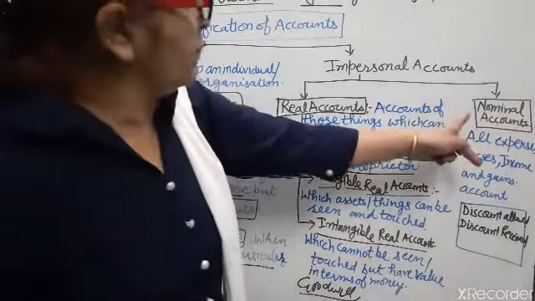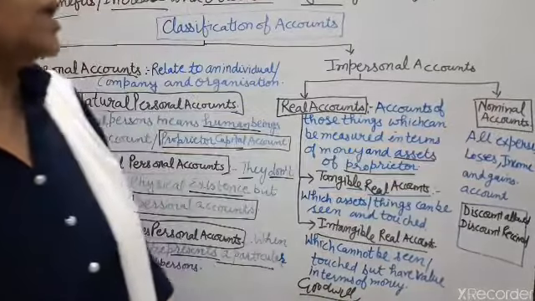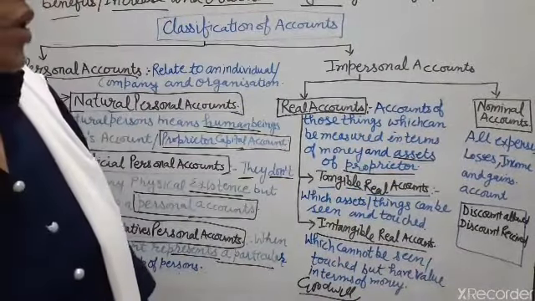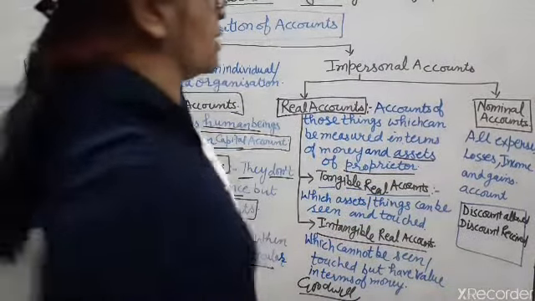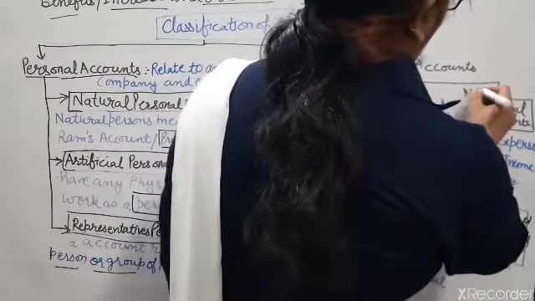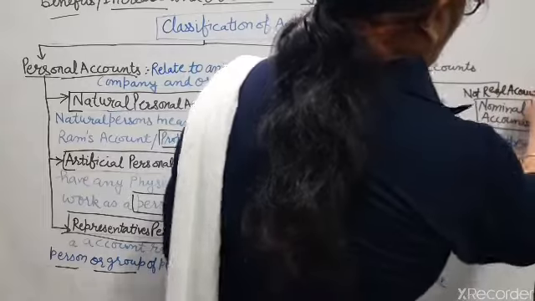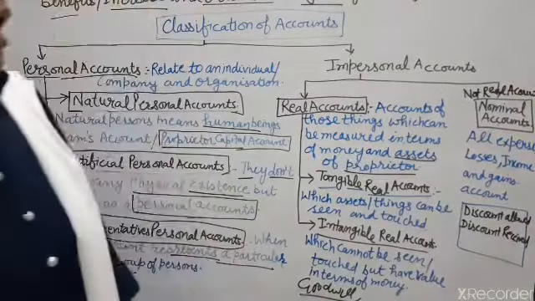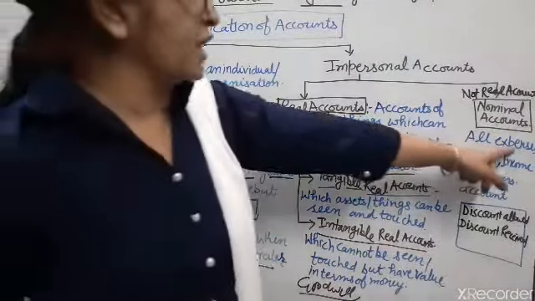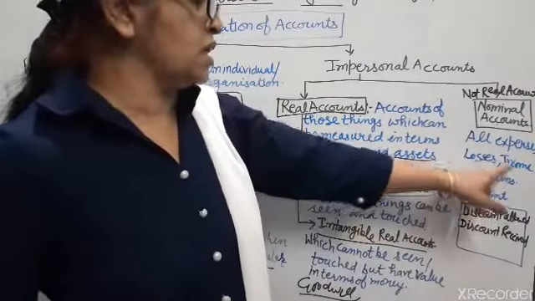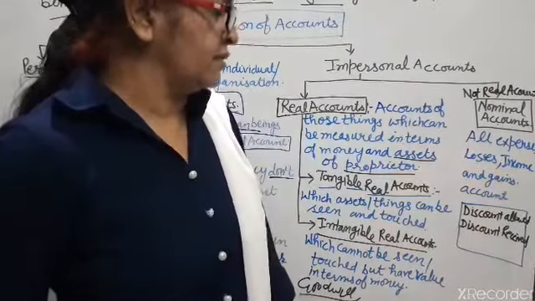And the second part of the impersonal account is nominal account. Sometimes we call it not real account. Nominal accounts are related to all expenses, losses, income and gain.